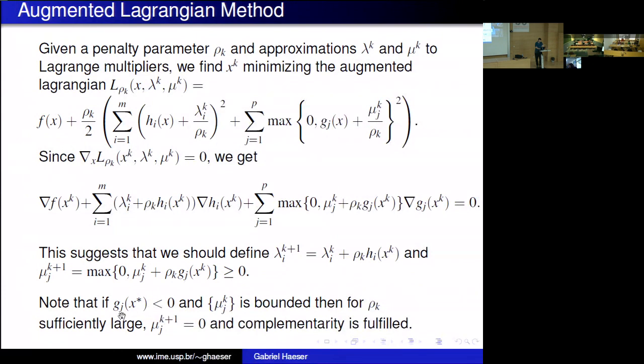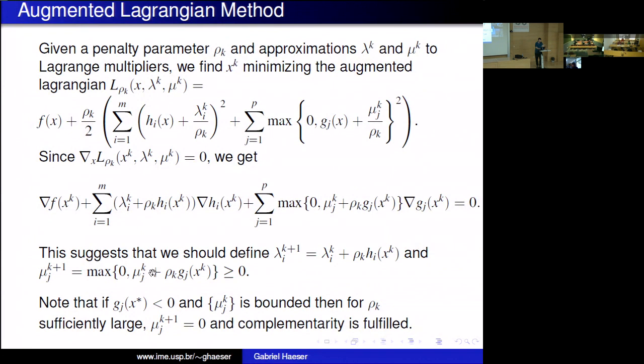If this gj of x star is negative, so if xk is sufficiently close to x star, this will also be negative. And when I take rho k large enough, this negative value will be greater in value than this positive value. So this will be a negative value, as long as I take this to be bounded.